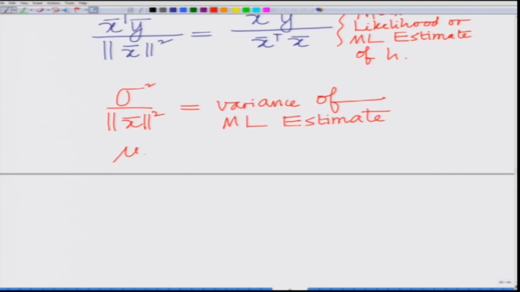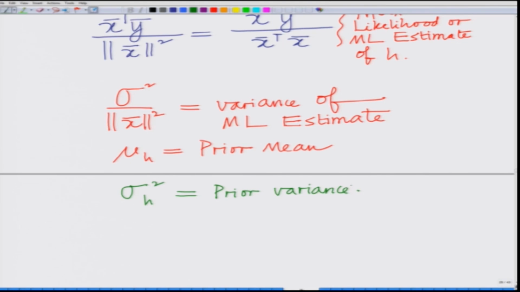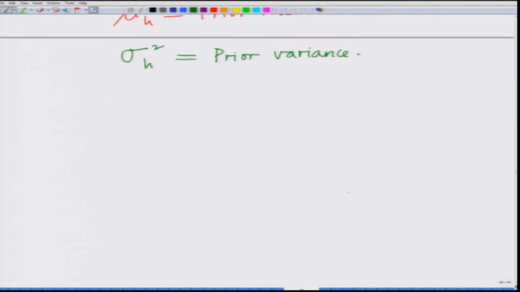So, mu h equals the prior mean and sigma h square equals the prior variance.